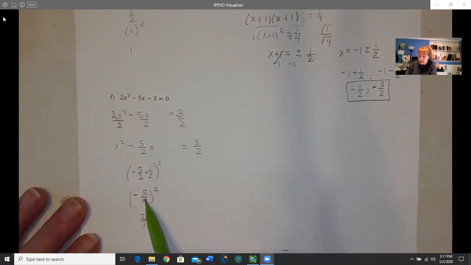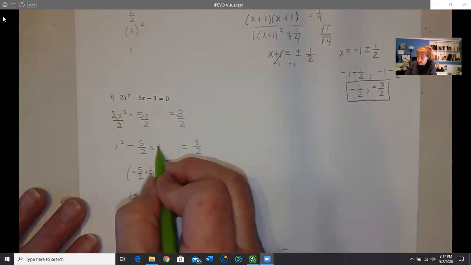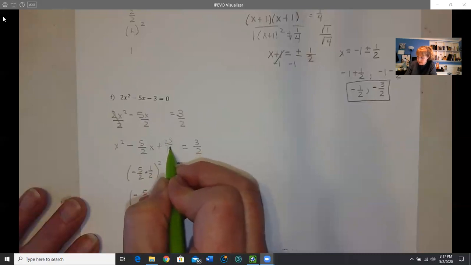Now remember, this has significance when we're factoring. That's going to go in that last spot, -5/4. And then when I square it, I always get a positive, so I'll be adding a positive 25/16.